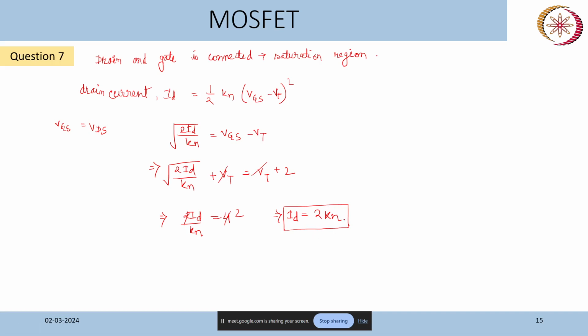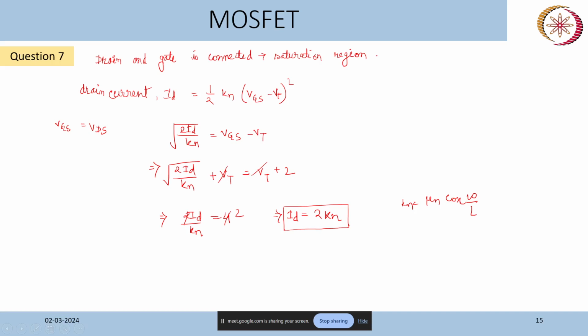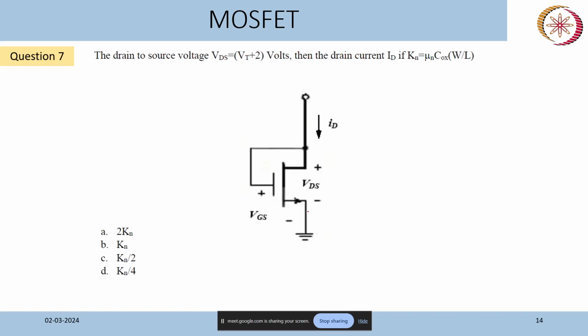Now you know what Kn is: Kn is mu n COX W by L. You can do the dimensional analysis for drain current also. So what is the answer here? The answer is 2 Kn.